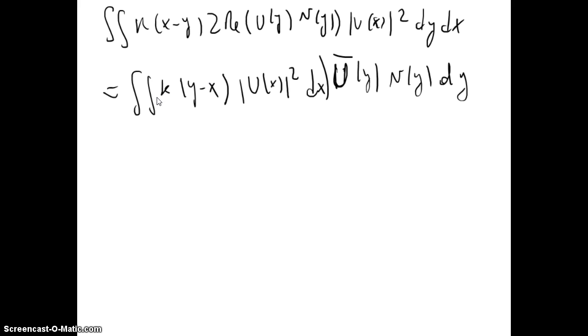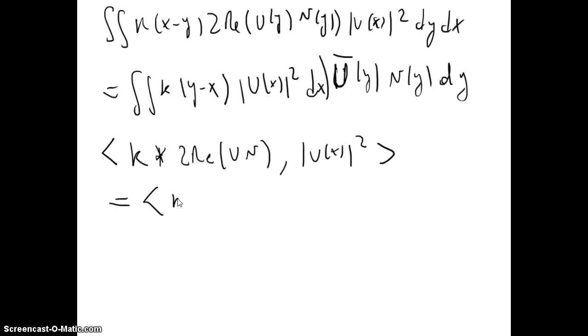So what this is telling us is that we can have a K convolution, let's say, to real part of u b, u(x) squared to be equal to K convolution u squared u b.